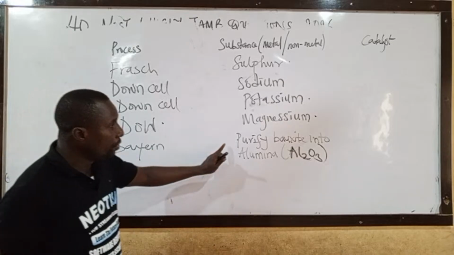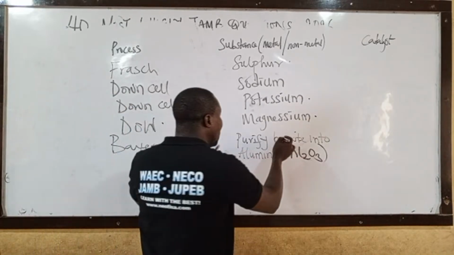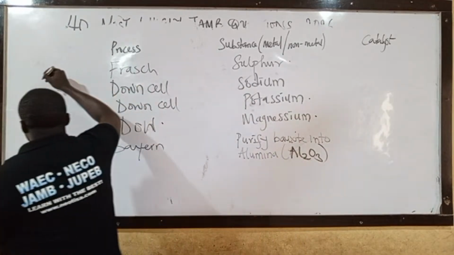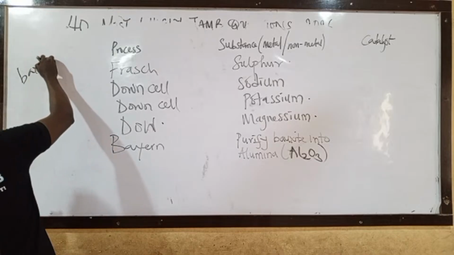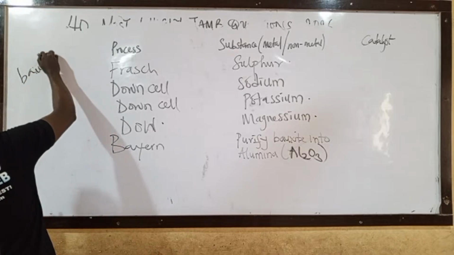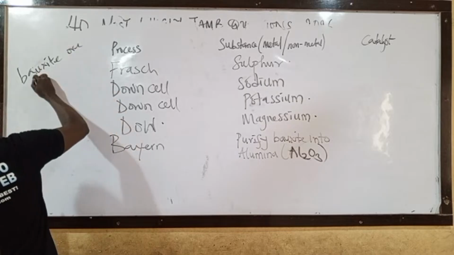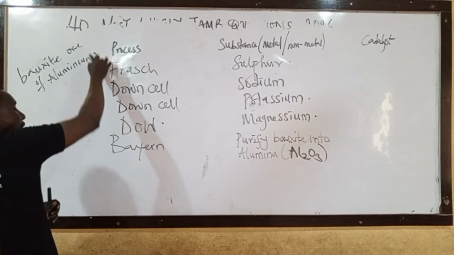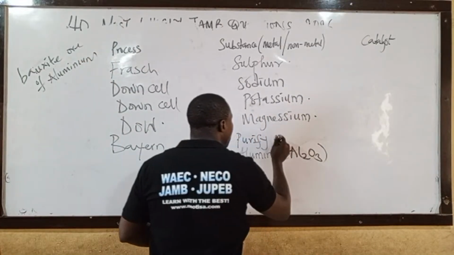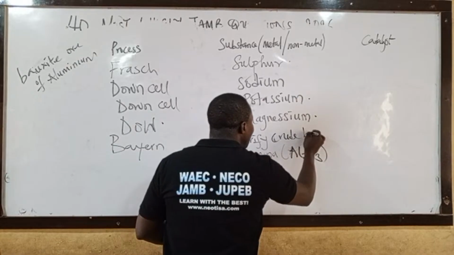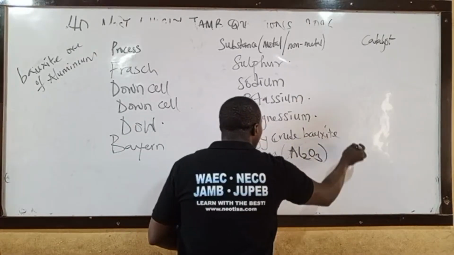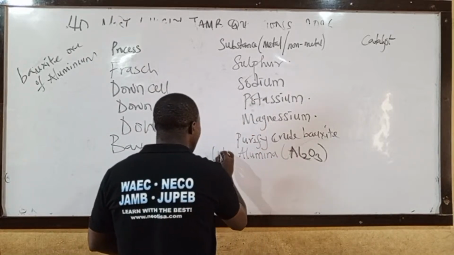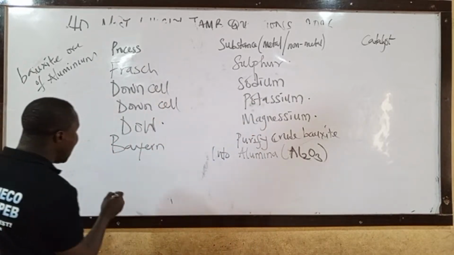Don't forget, bauxite is the ore of aluminium. Let me write that. Bauxite is ore of aluminium. Then when you have crude bauxite, the Bayer process is used to purify crude bauxite into alumina.